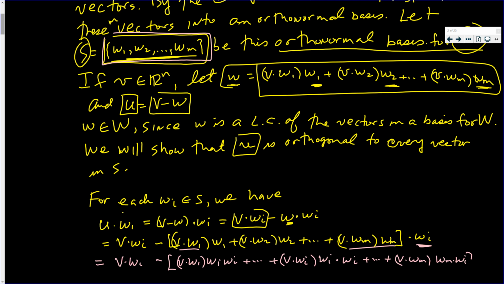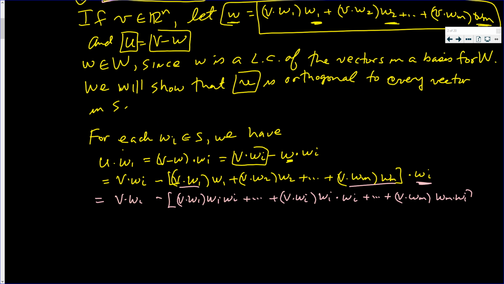Now most of these are 0 because we're in an orthogonal basis. The only one that's not 0 is wi dotted with wi.